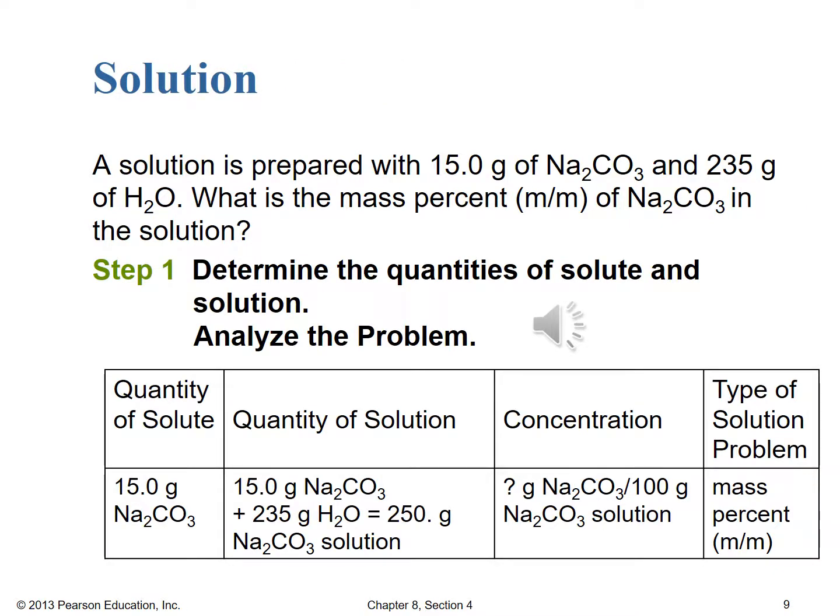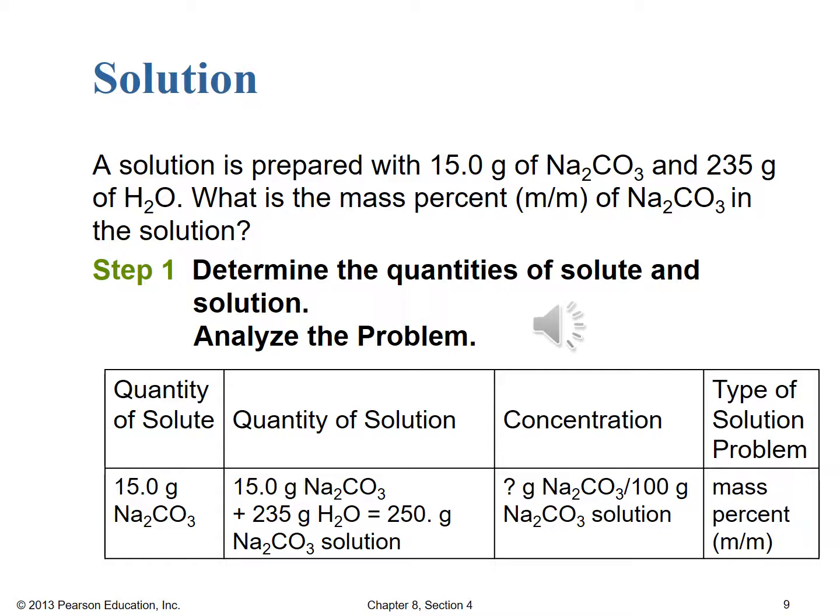Okay, so if you're following our guide, first step is to determine the quantities of solute and solution and analyze the problem. So here from the problem itself, we see that we have 15.0 grams of solute, that's sodium carbonate. We have an additional 235 grams of water, so therefore our solution mass is going to be the 15.0 grams of solute plus the 235 grams of solvent to give us an overall value of 250.